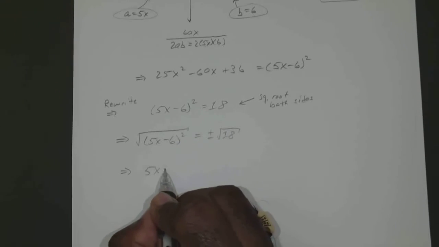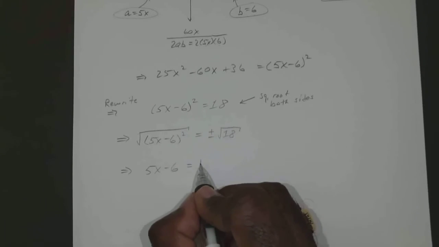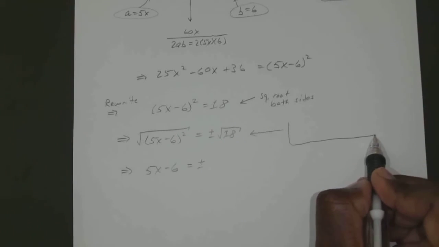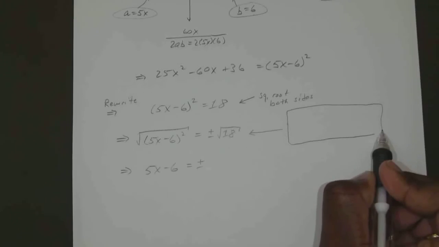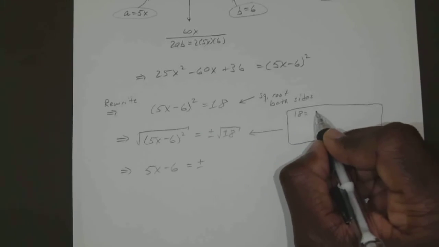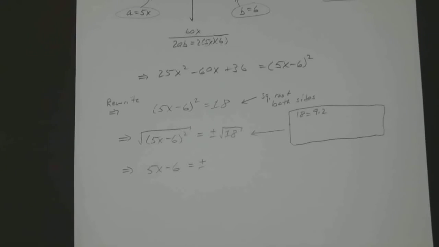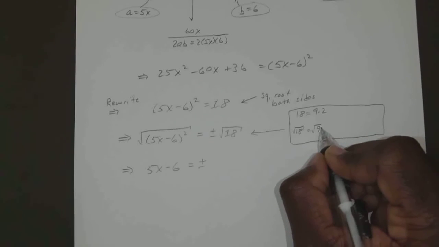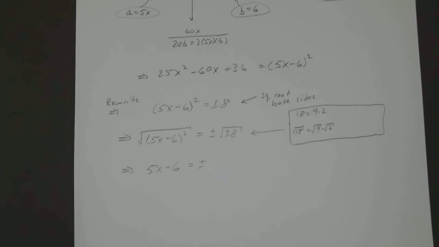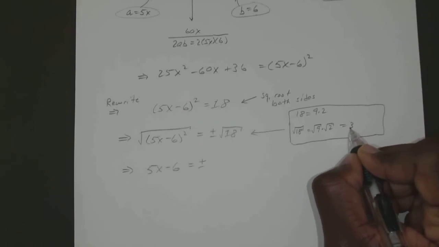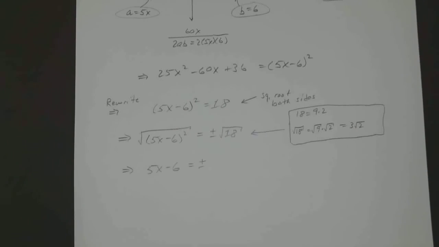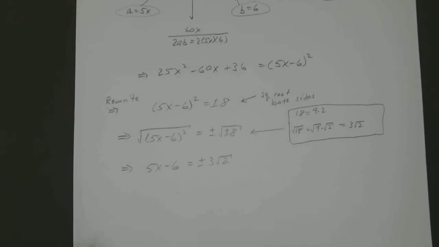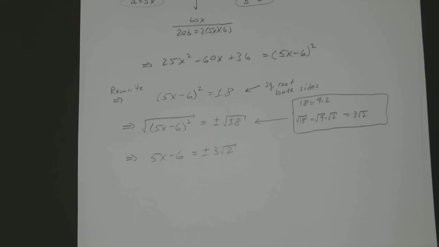So we just have 5x minus 6 equals plus or minus. We'll go ahead and simplify that before we keep going. We know 18 is 9 times 2, so square root of 18 is equal to square root of 9 times square root of 2. Square root of 9 is 3, so we have plus or minus 3 square root of 2. Now we just have to solve for x.